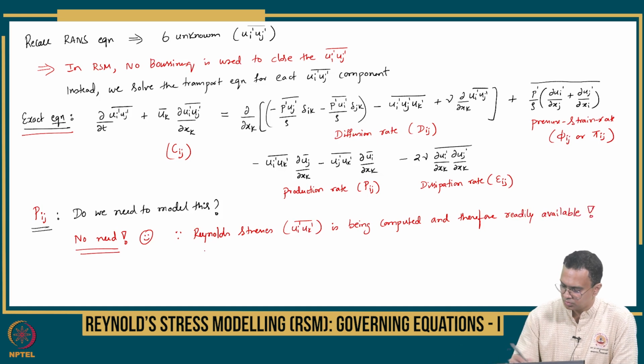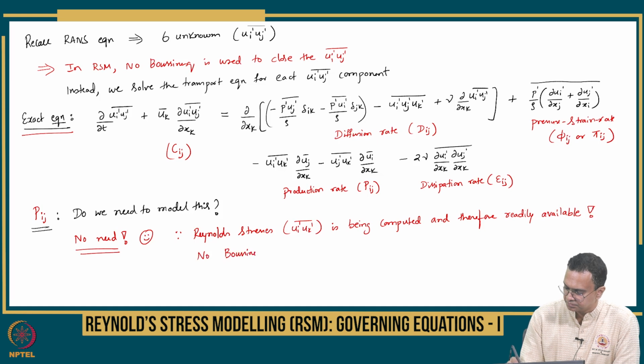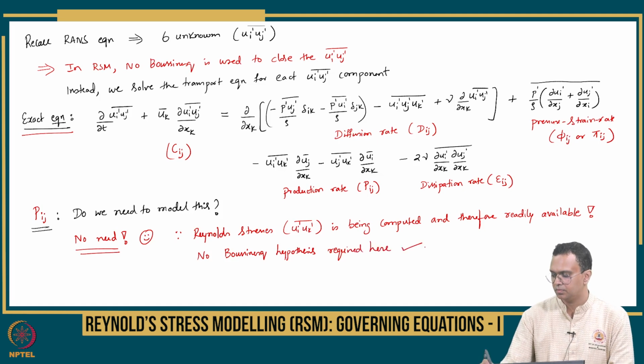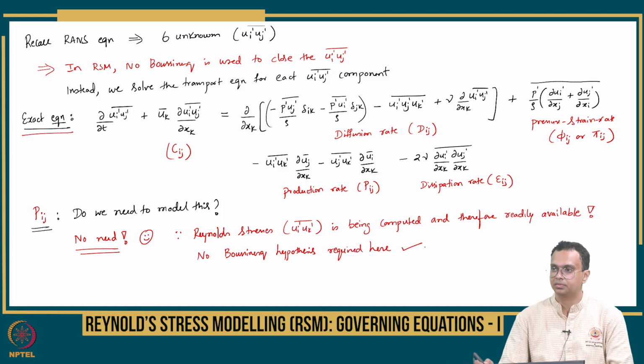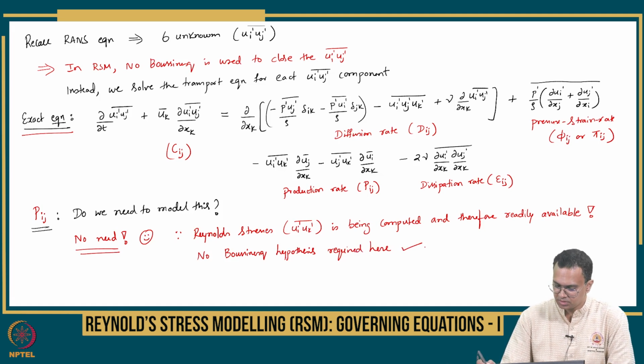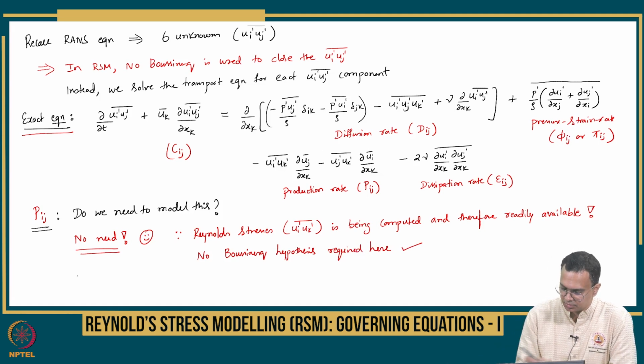So no Boussinesq assumptions required here, which is a good part. The production rates are not modeled. So the Pij is not modeled in RSM, biggest advantage.